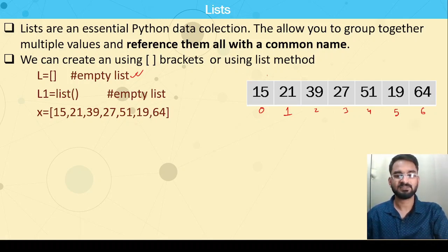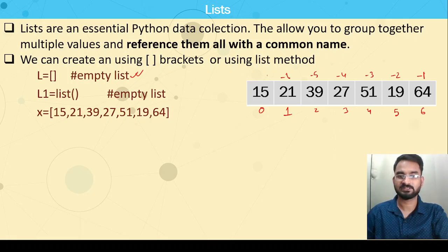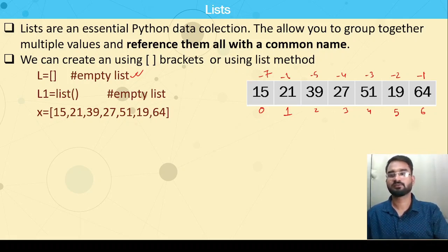Interestingly, lists have negative indexing in Python, and that negative indexing starts from the last number, starting with -1, then -2, -3, and it will go -4, -5, -6 and -7. Negative indexing always starts at the last, or rightmost element, and it starts with -1.